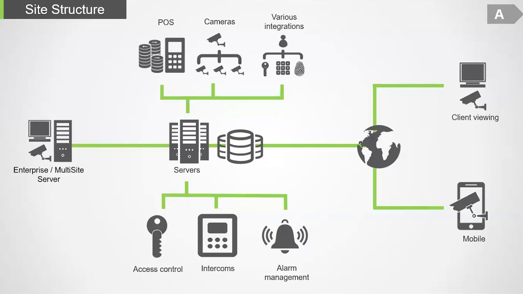And to that, you can add cameras, you can add integrations, you can add many other functions that form your site as a whole. And from building your site with your server, then you can utilize things like our CATHEXISVision client interface to access the site and view cameras and view other resources on your site.